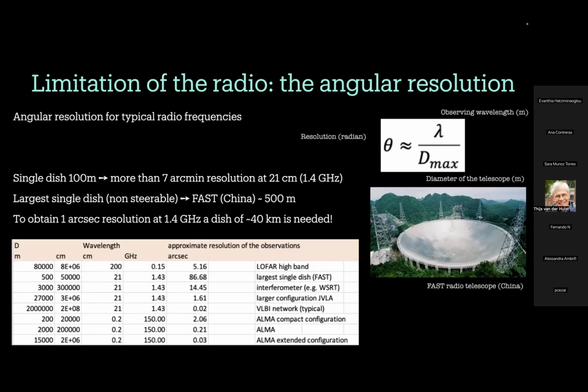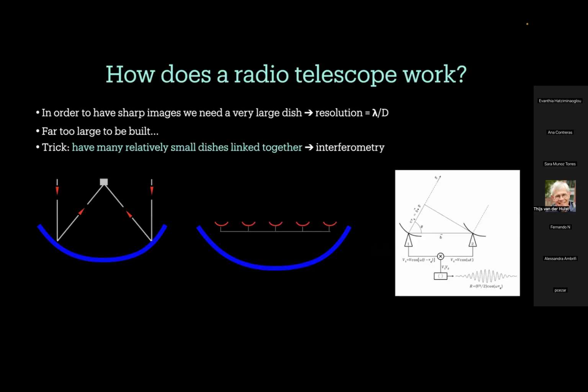So we have to do a trick, or even a few tricks. And the basic one is the following. If you have, say, an optical telescope with a mirror, light falls on the mirror and goes to the focus, and all the radiation is combined. In the radio, you can do the following.